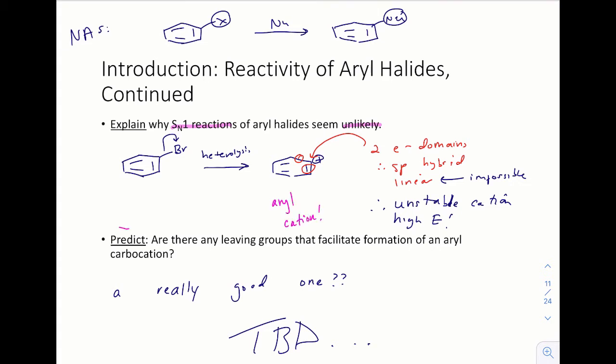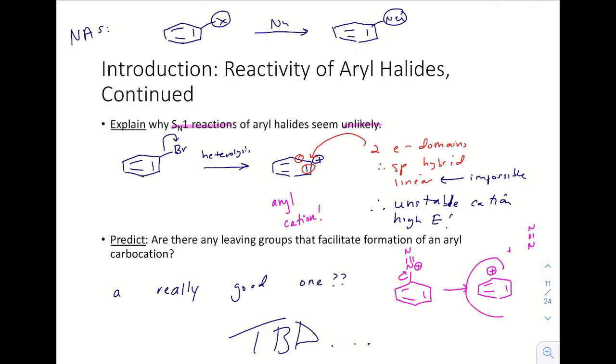And I asked you a question: are there any leaving groups that can facilitate the formation of an aryl carbocation? And I said, oh, a really good one. Well, there are few better leaving groups than nitrogen gas. I mean, think about it. If this bond breaks, it alleviates the positive charge onto the much more electronegative nitrogen.